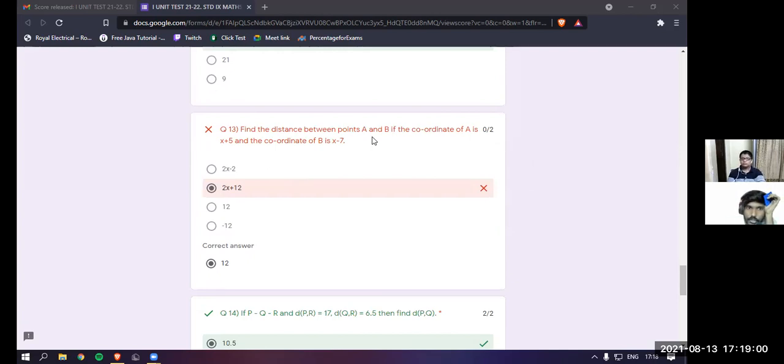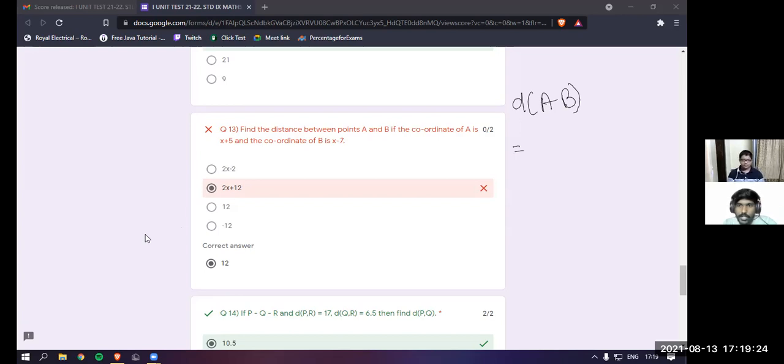Okay, how will you do this? You have to find distance AB. What do you do to find the distance between 2 points? You subtract. B minus A you do, correct?